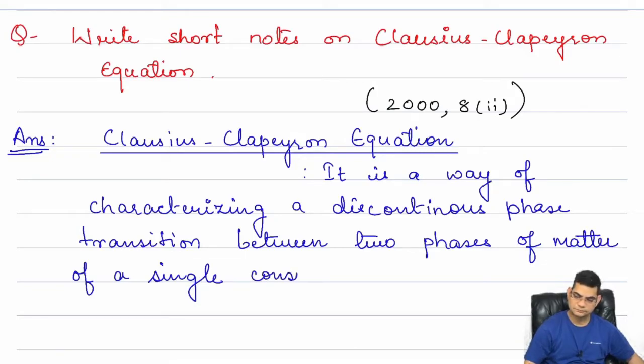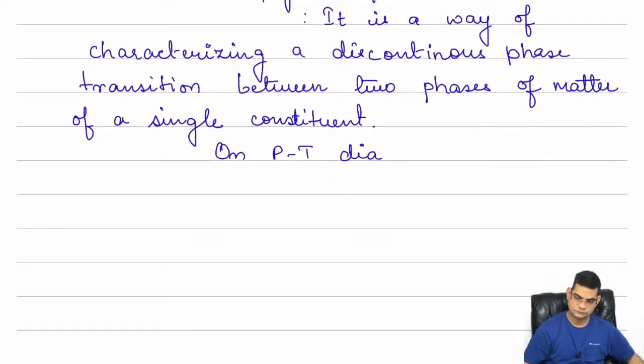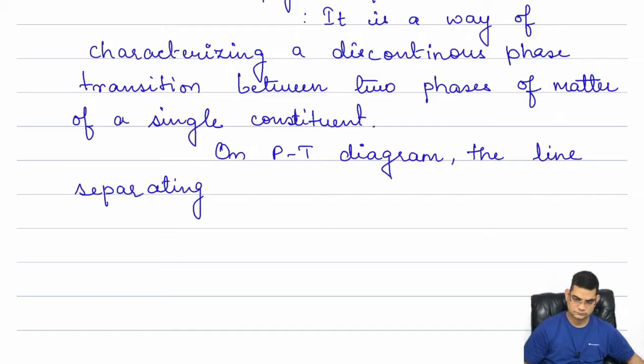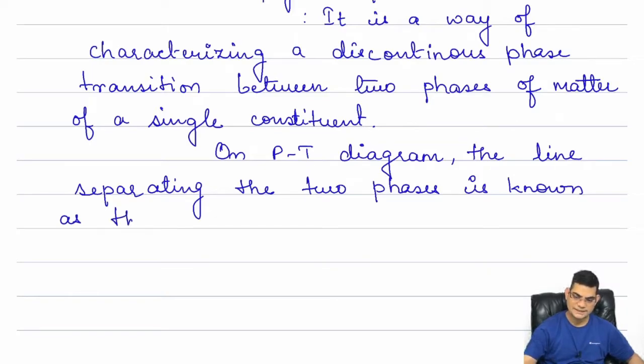On the PT diagram, the line separating the two phases is known as the coexistence curve.